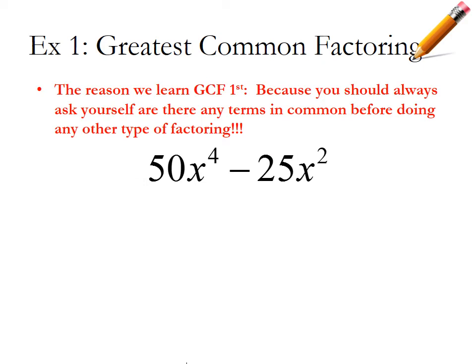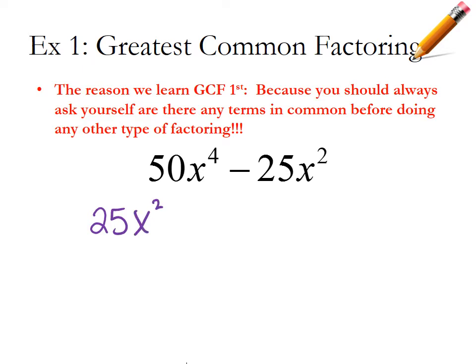Example 1, remembering greatest common factor. Remember that we always want to take a GCF out of every polynomial if we can before we get to factoring. So in this example, if you want to jot this down because there's a pencil in the corner, I can factor out a 25. I can also factor out x squared.